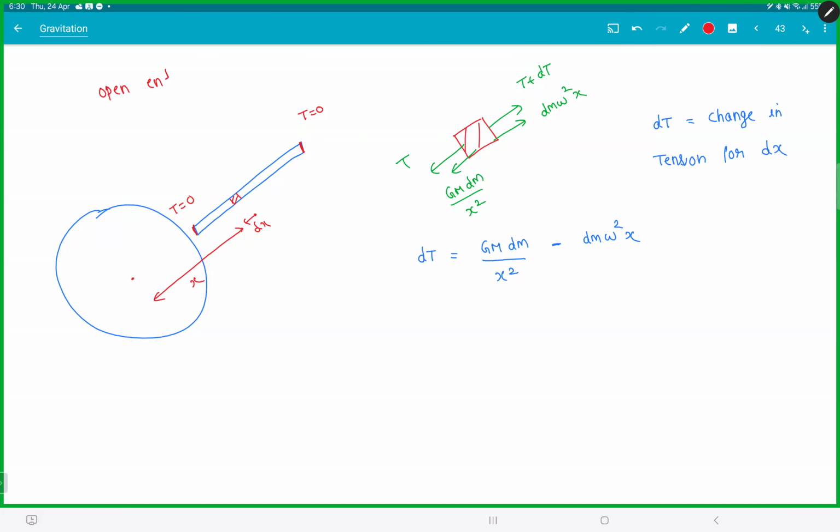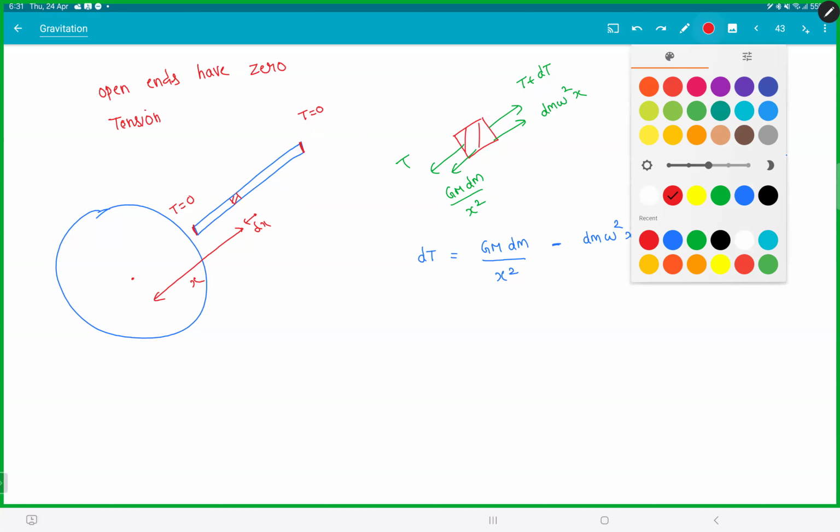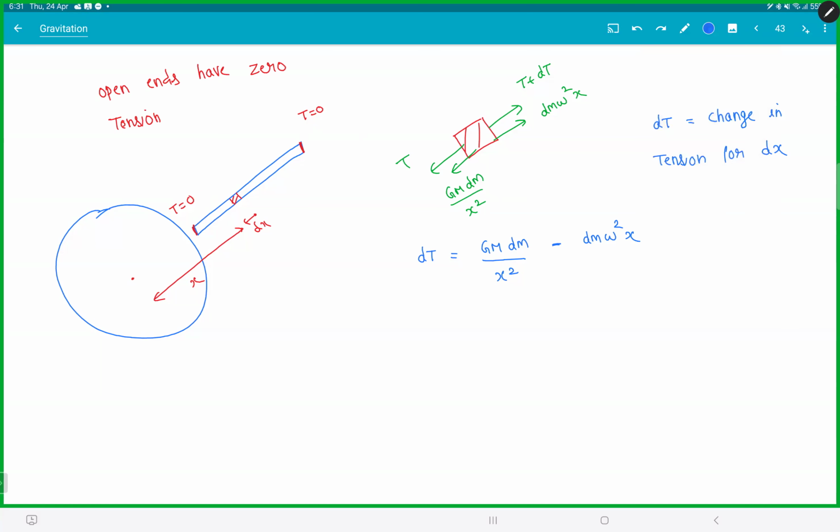So for this rod, the tension is 0 here and tension is 0 here, interestingly. So that means the tension actually increases and then decreases. This is the tension in the rod you're talking about. So yeah, we got everything.